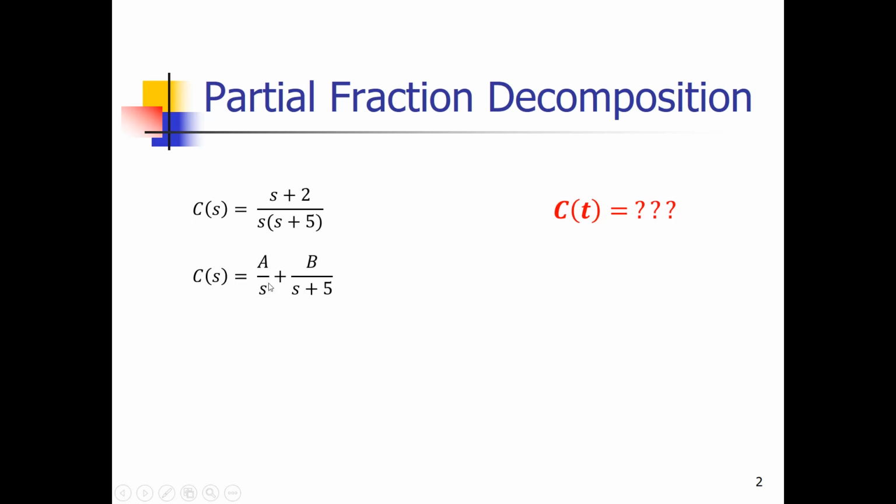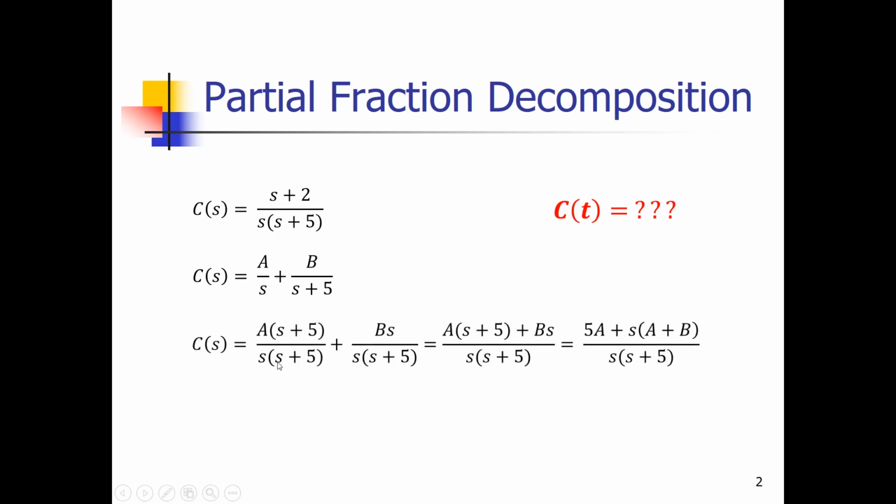What we are going to do is transform the denominators of the separated fractions back to the denominator which we had over here. So to calculate this denominator back to that one, we have to multiply s by s plus 5, because s times s plus 5 is in the original denominator.